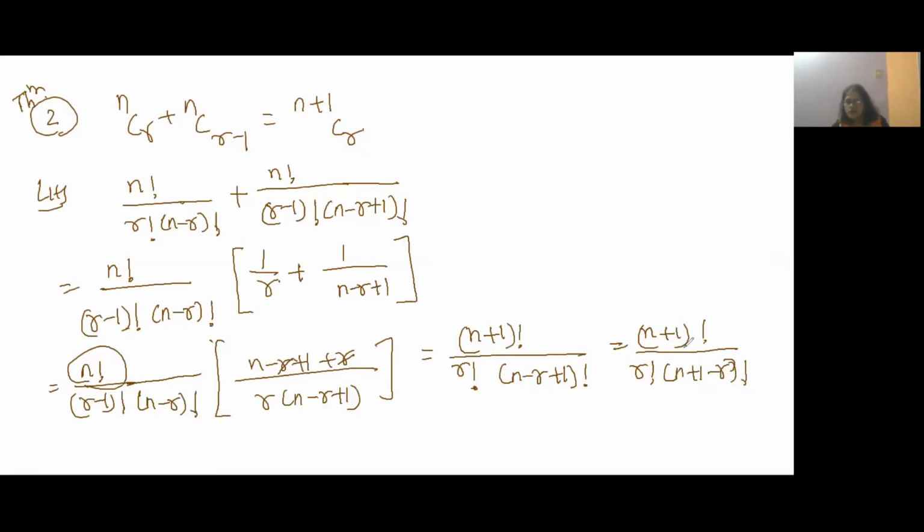So this is nothing but (n plus 1)Cr, right? So this is your RHS, hence proved. Is it clear? These are some of the theorems I wanted you to study.